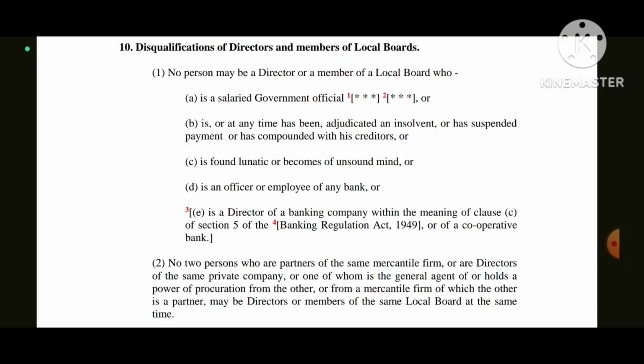or is or at any time has been adjudicated an insolvent or has suspended payment or has compounded with his creditor.